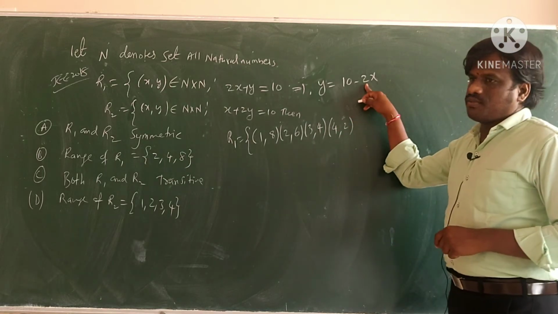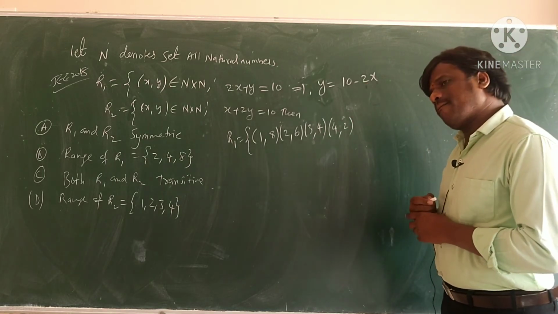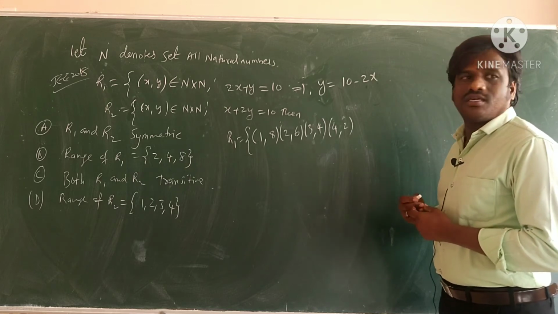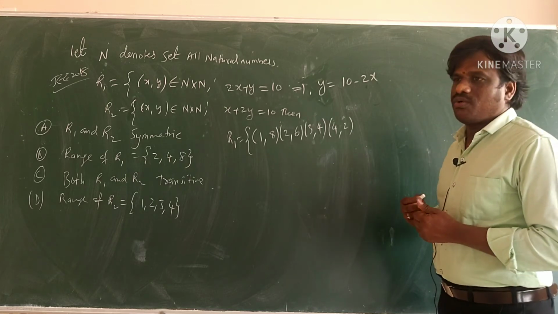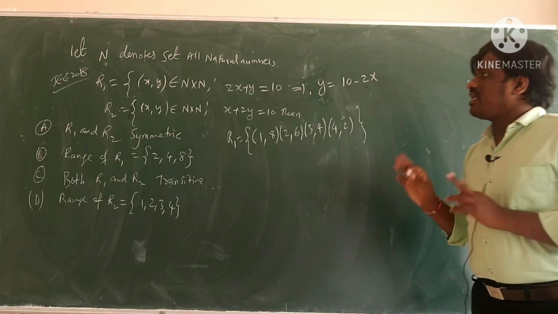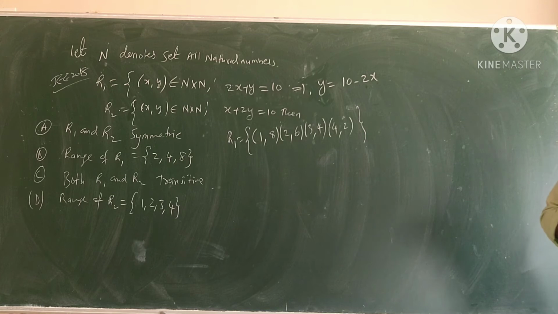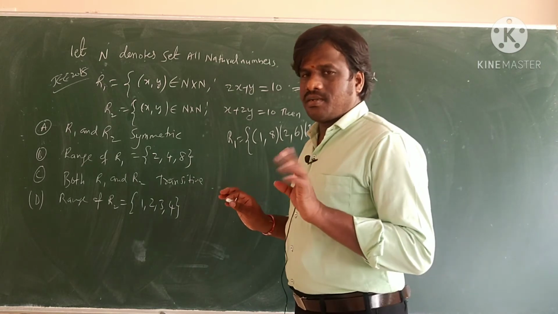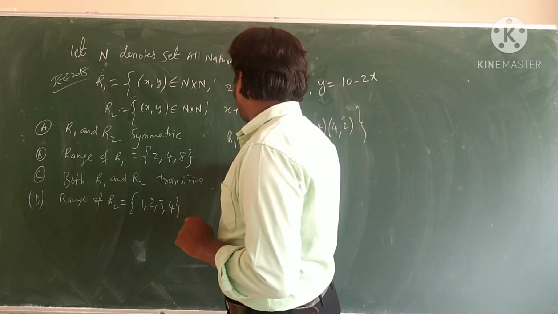If I take x equal to 5, y is 0. Should I take? No. Why? Natural numbers. Any other things? Right? All right. So this is R1 relation. Is it clear? Yes.